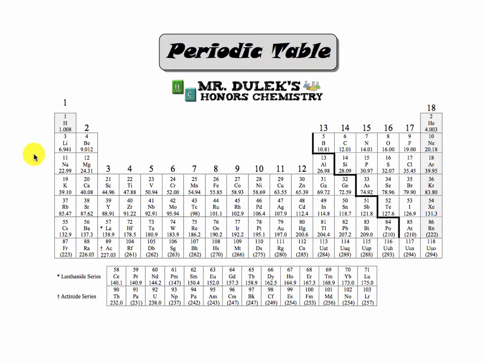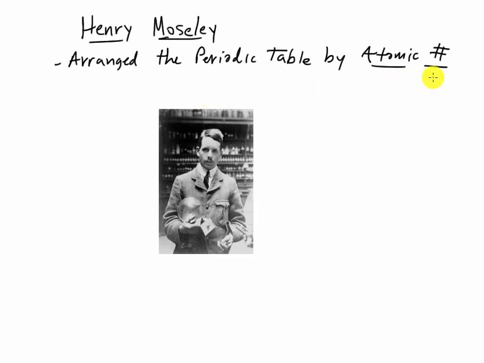Okay, since Mendeleev's table is not completely correct, if we look at the new one, the more modern table, we don't have them arranged by atomic mass. They're not by average atomic mass. The periodic table, you probably know, is based on the atomic number. And this was done by an English chemist who realized that Mendeleev's table was good, but there were some faults in it.